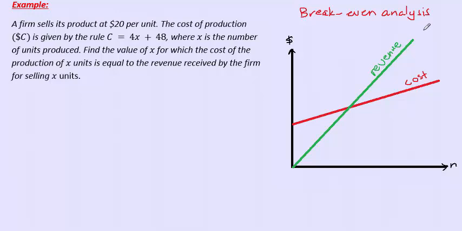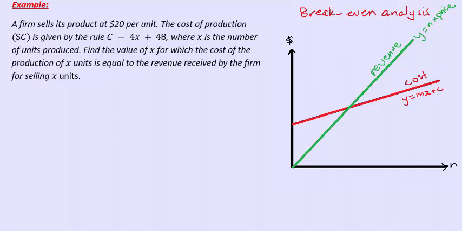Now, I will always have equations that relate to this. My revenue will always be the number of items I sell times the price of each item. My cost will always be my setup plus how much it costs me to make per item, and that's going to have an mx plus c formula. So I will always be using this.